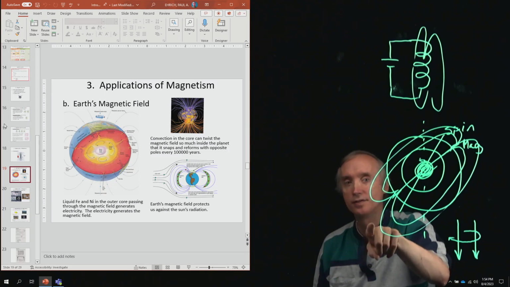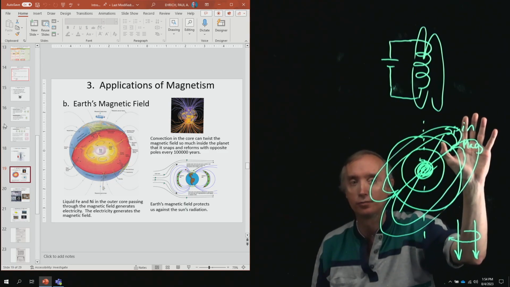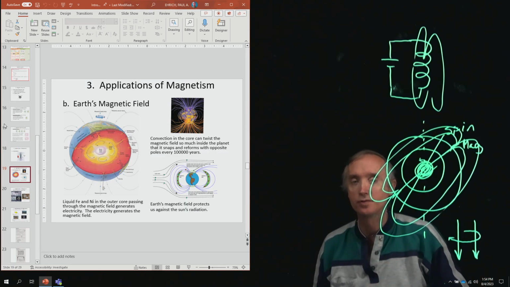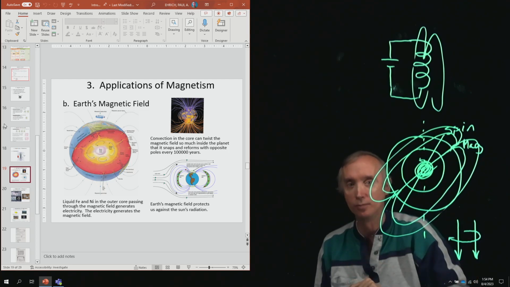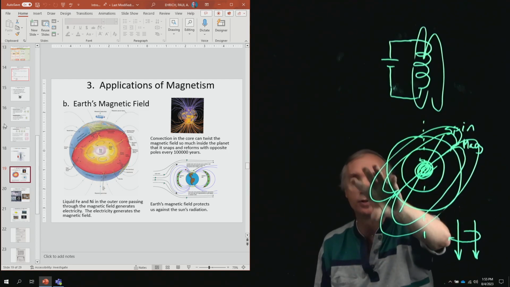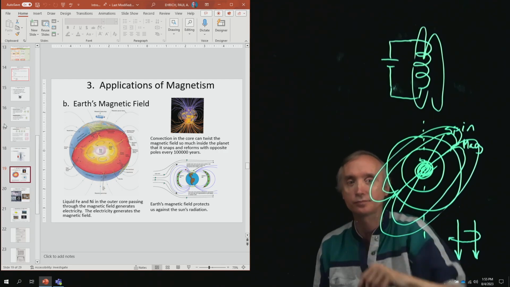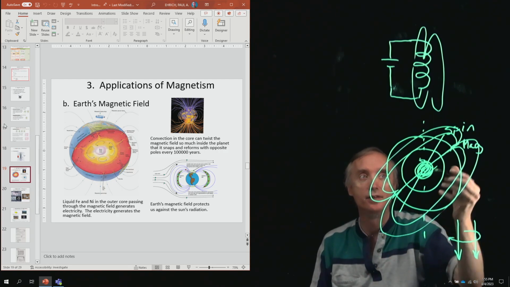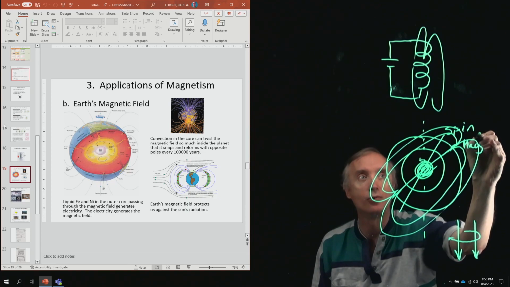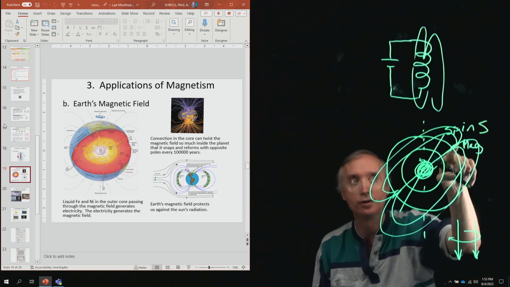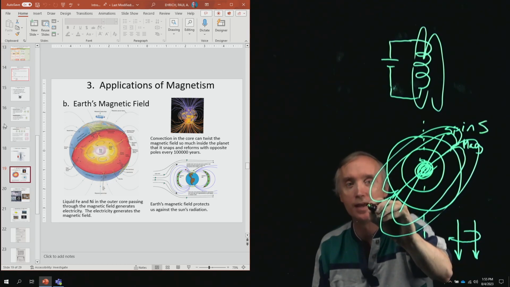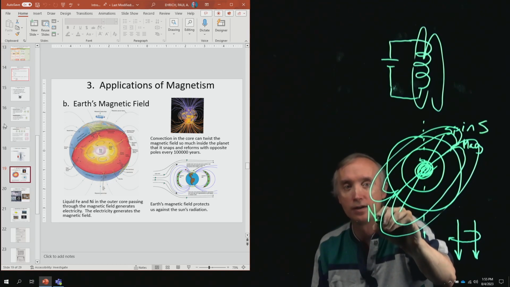Now the picture that is in the upper right-hand corner shows the magnetic field inside the Earth. So notice that outside the Earth, it looks pretty normal. So it's coming out and then going back in. And incidentally, this is a south magnetic pole up here, and then this is a magnetic north down here.